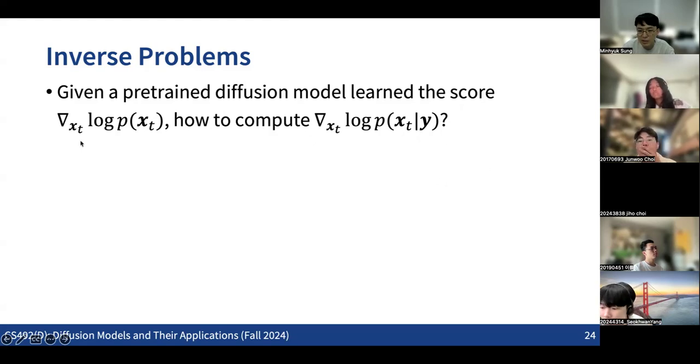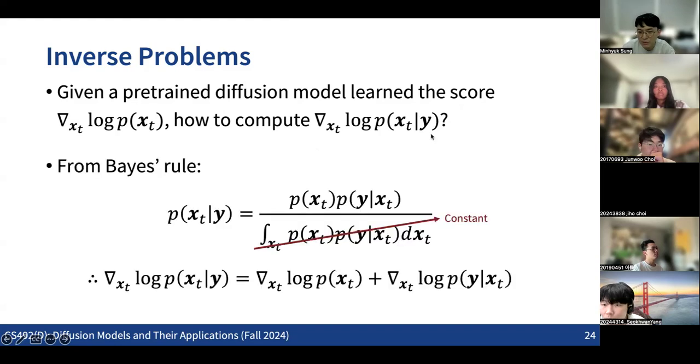When you only have the information about the score of xt, the unconditional score, how can we also calculate the conditional score given the y? So this is what we are going to do. From the Bayes rule, we can see that the score of xt conditioned on y can be seen as the summation of two terms: the unconditional score of xt, and the score of y given xt.